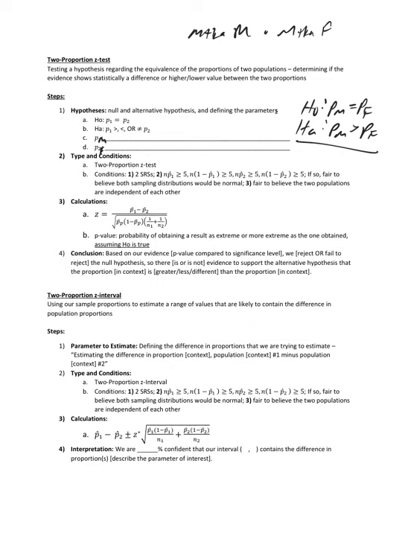And you can use whatever subscripts you want here. You could write out male and female total. You could use 1 and 2 if you want to, but again, you have to explain what each one stands for. So P sub M, of course, is the proportion of male drivers at Minnetonka High School who speed. P sub F would be the proportion of female drivers at Minnetonka High School who speed.